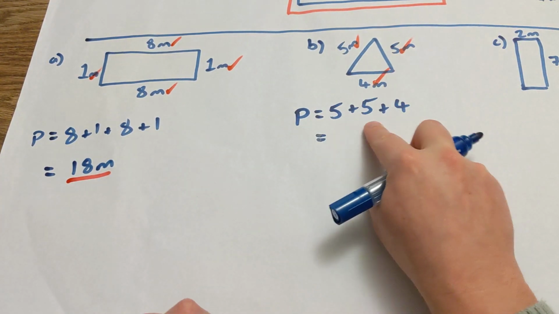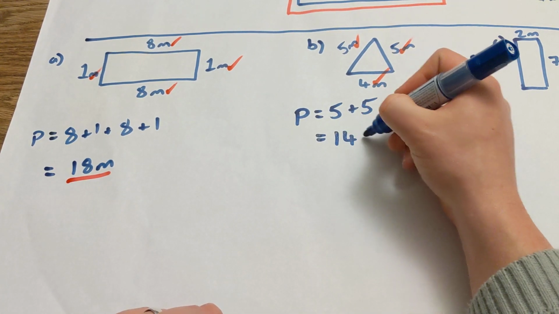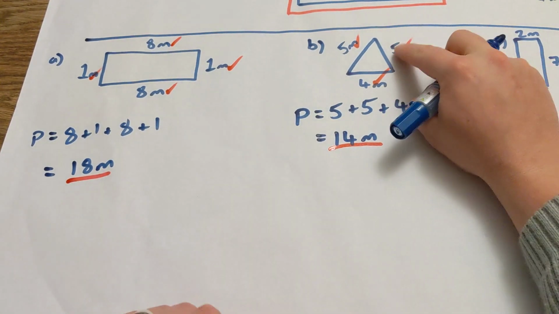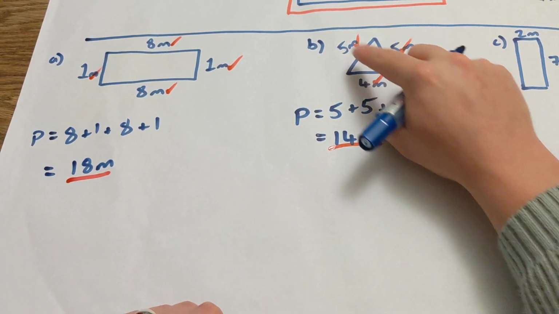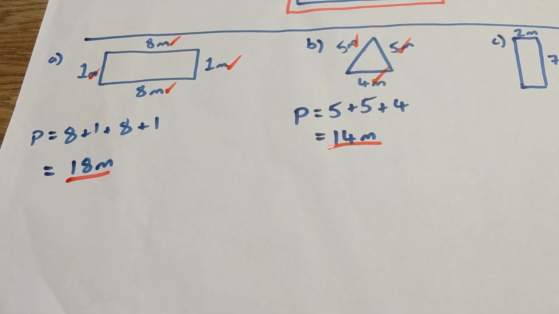So 5 plus 5 is 10, plus 4 is 14 meters, okay? And what we just have to make sure we do is make sure we've added in every side, okay? And we can see here we have, because we've ticked each one of them.